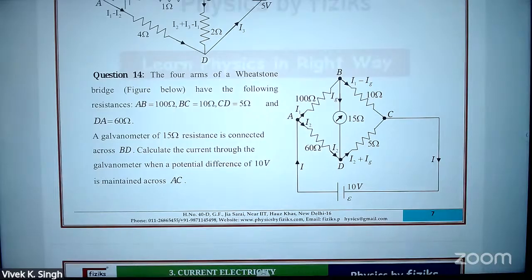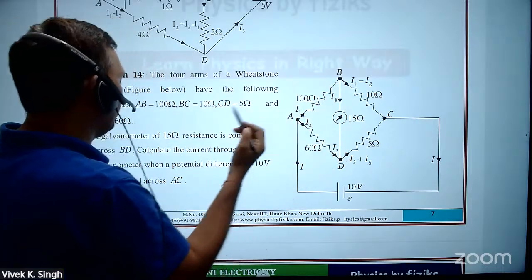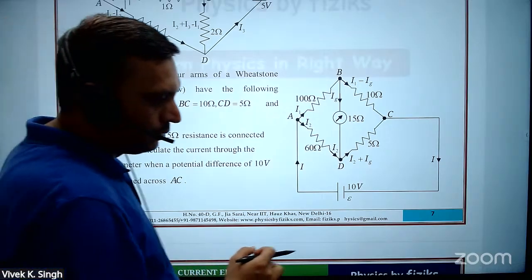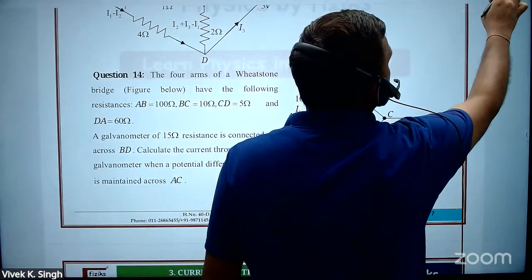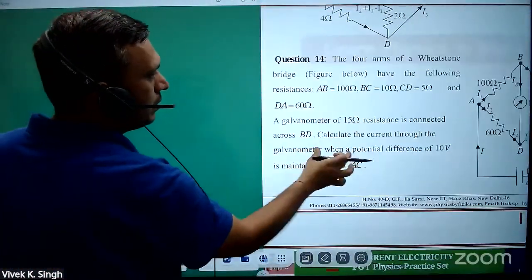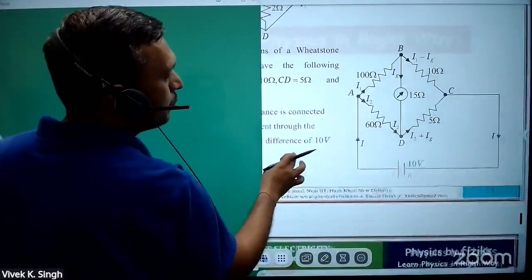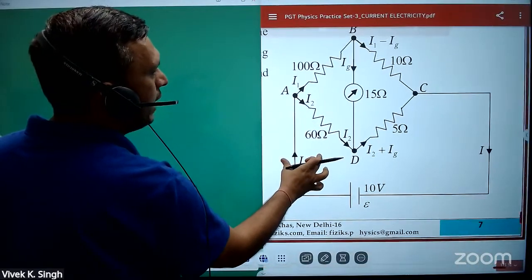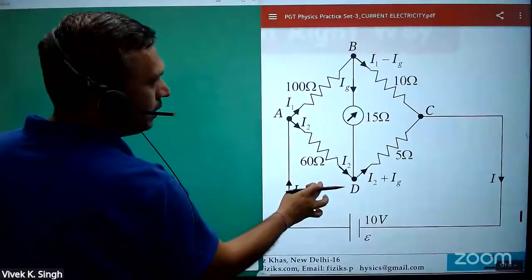Let's find the current through the galvanometer. What will be the IG current? Let's see what you have to find: the current through the galvanometer.